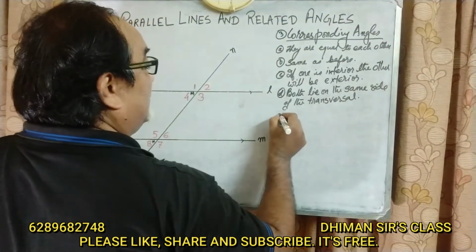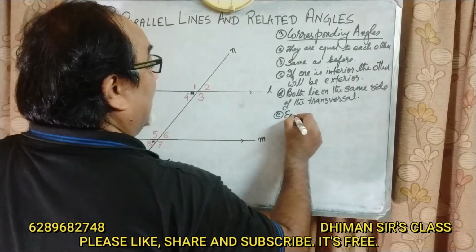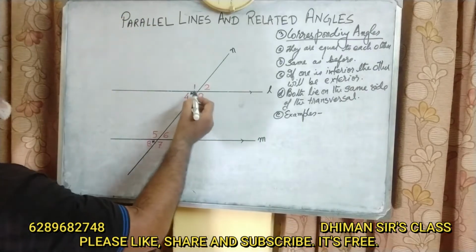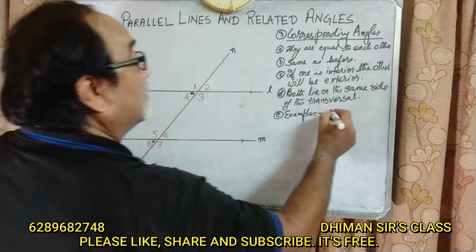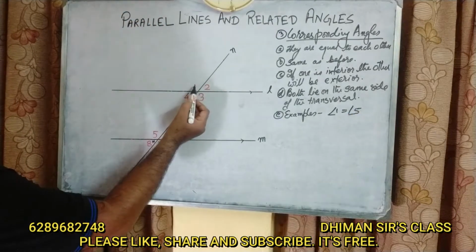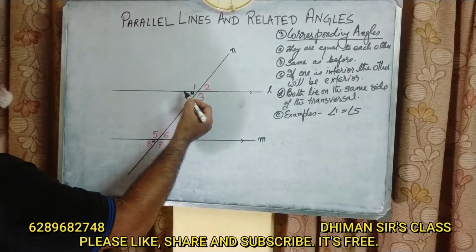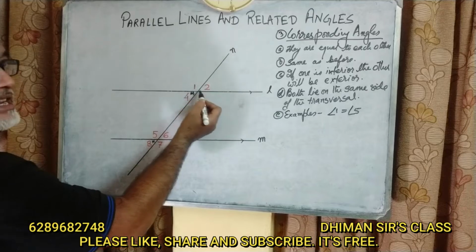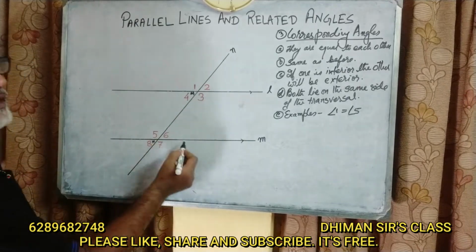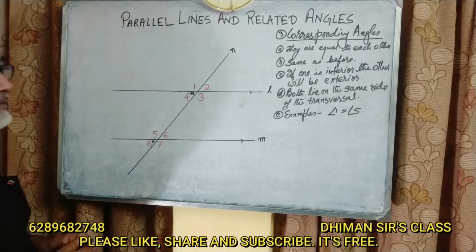E. Examples. Here, angle 1 is equal to angle 5. See, angle 1 contains this line, angle 5 contains this line. One property.